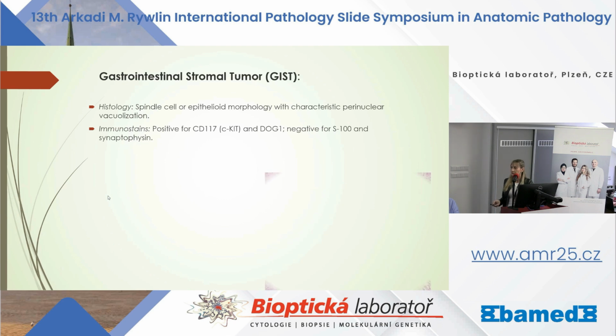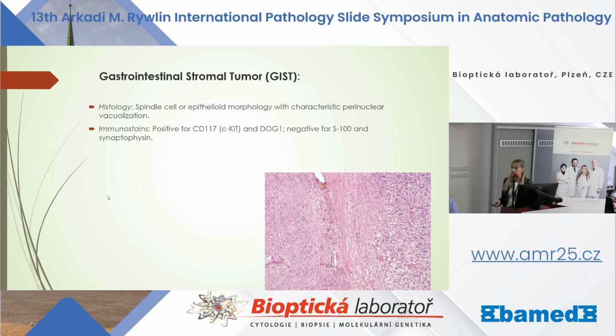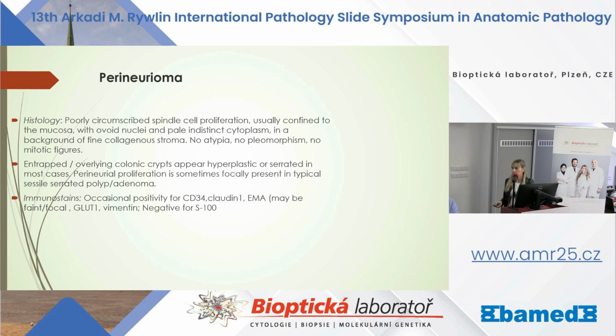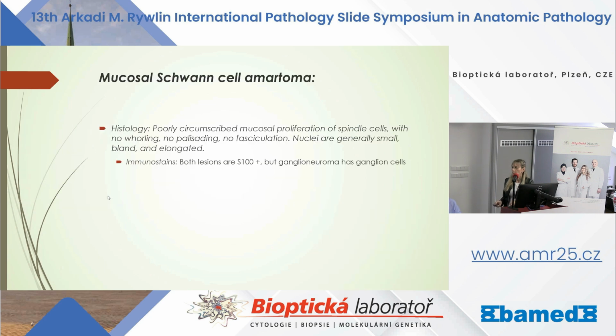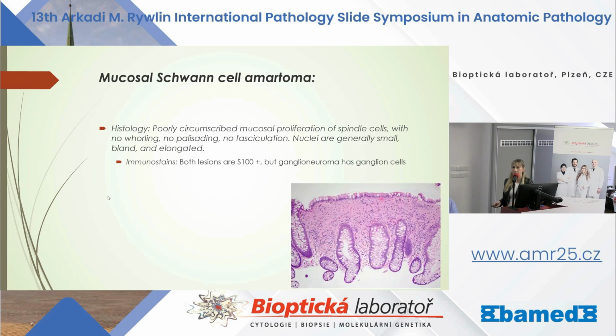With GIST, it is positive for c-KIT and negative for S100 and synaptophysin. Perineuroma is also negative for S100. Also with mucosal Schwann cell hamartoma, that is positive for S100, but ganglioneuroma has ganglion cells that are lacking in mucosal Schwann cell hamartoma.